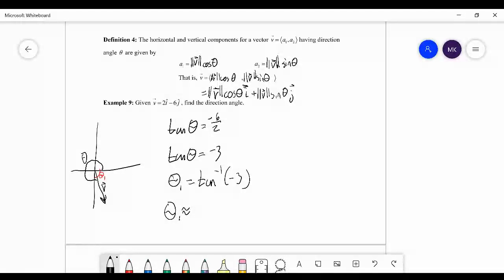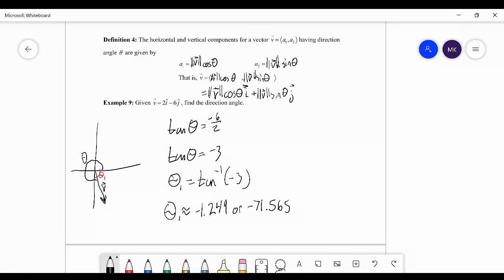Mode on your calculator is a very, very, very big deal. Okay, so it's approximately -1.249 or -71.565.